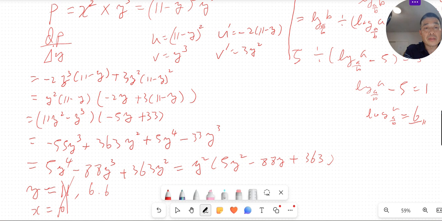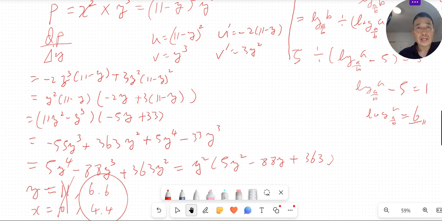Both should be positive. So 6.6 is the right candidate. Let's see, 11 take away 6.6 is 4.4. So when one number is 6.6, the other one is 4.4. Right match, right? Both are positive rational numbers. That should be the answer.